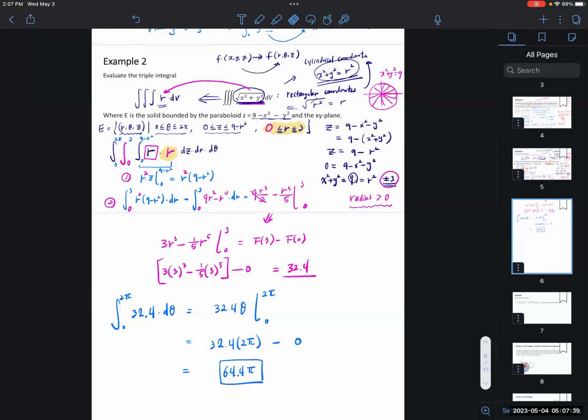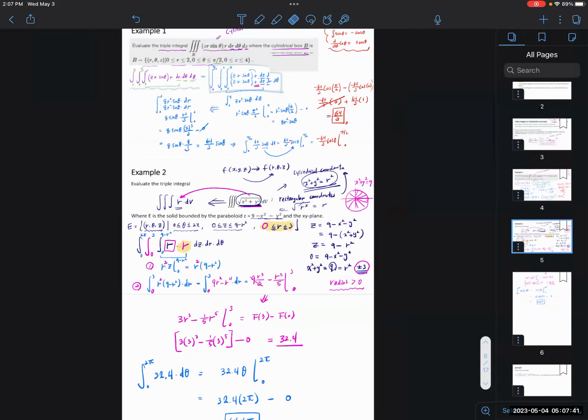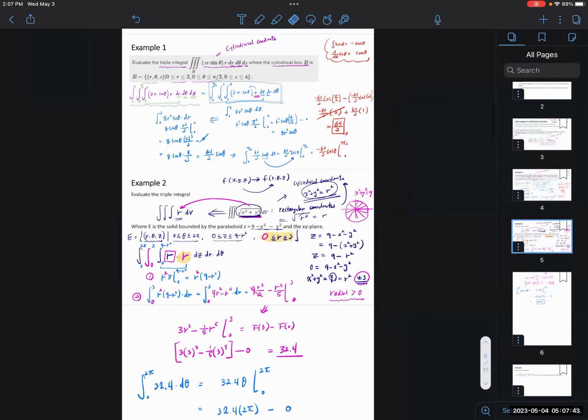So anyway, I showed you 2 examples of how to take the triple integral in terms of cylindrical coordinates. I'm not giving you any confusion. It's a very simple concept. The calculation just looks ugly, okay? So you don't need to be scared off. Just organize the concept. The concept is pretty simple, okay?